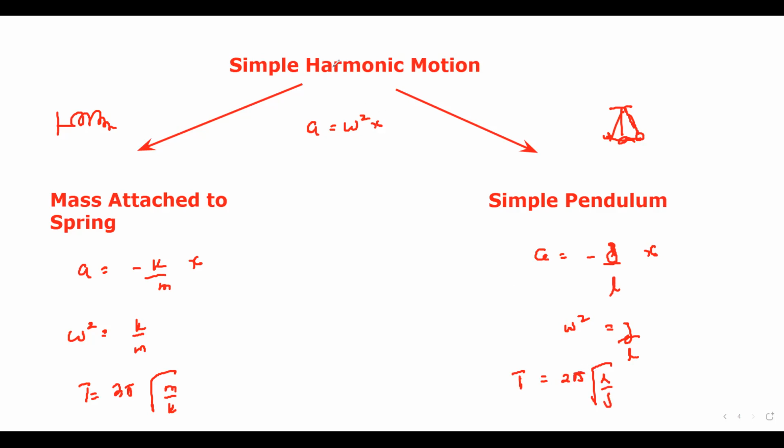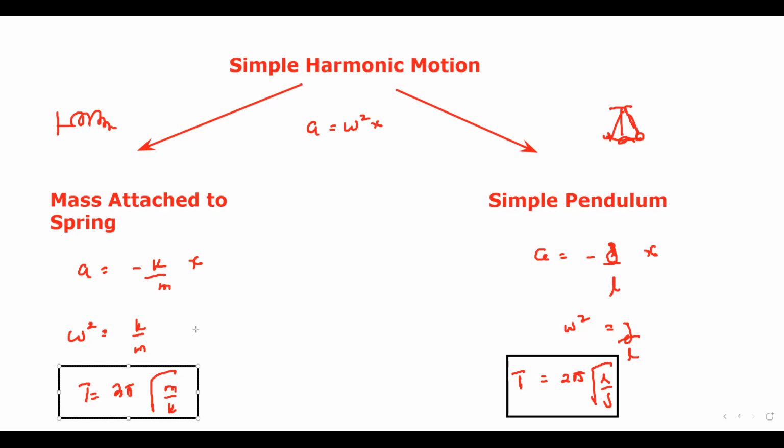This is when an object is performing a simple harmonic motion and is attached with a string. So these are the important formulas which you have to keep when we solve the questions. We'll use these formulas to work out the time period of either a simple pendulum or a mass attached to a spring.